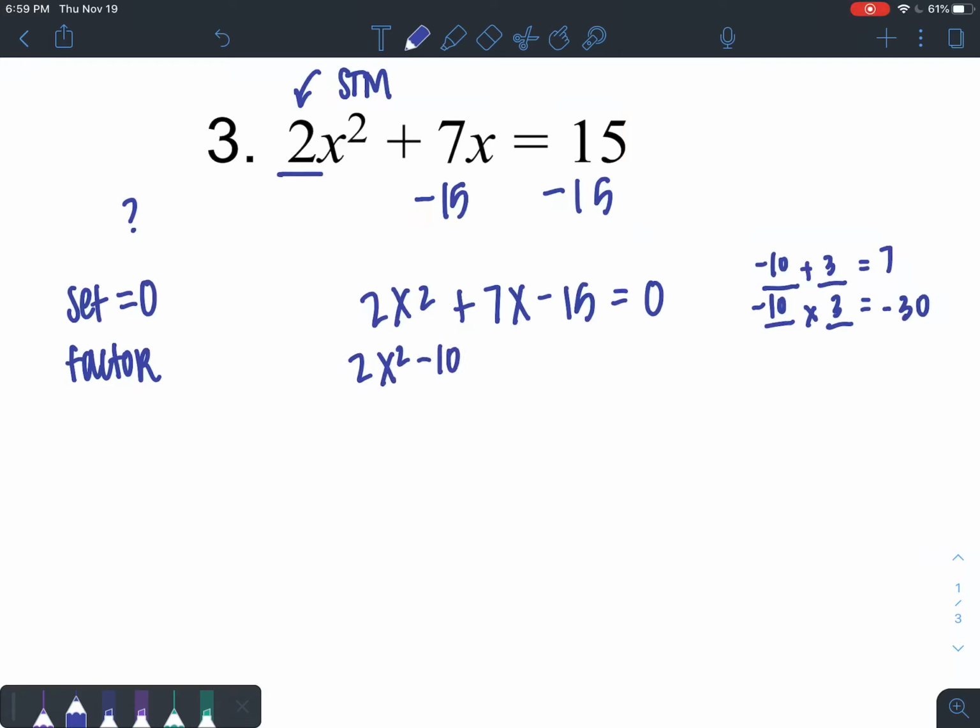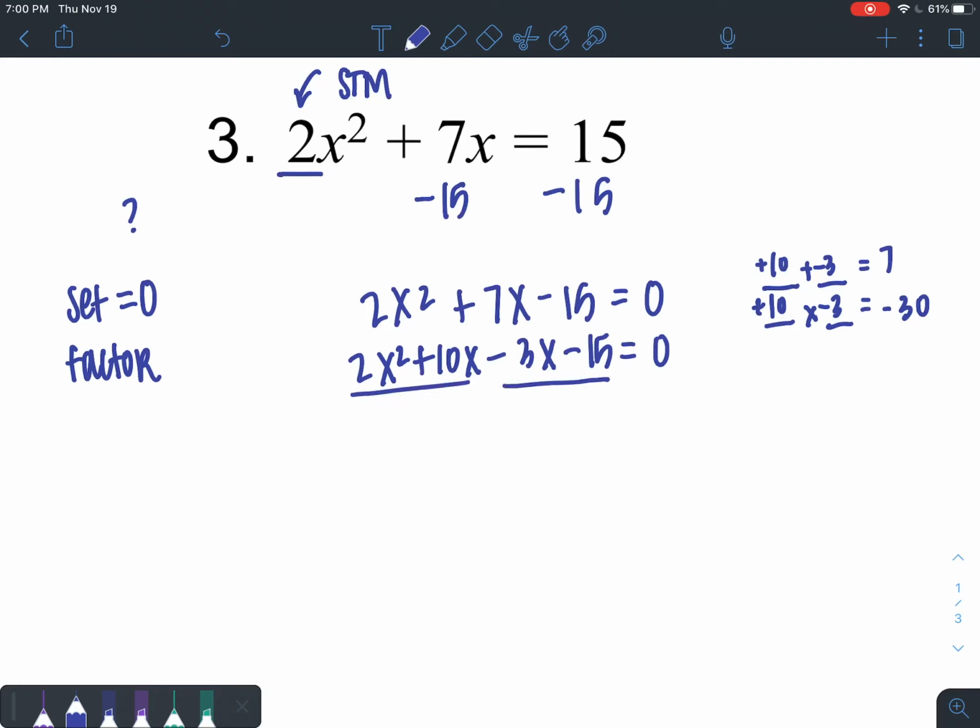So then I have 2x squared minus 10x plus 3x. Oh wait, you know what? It's supposed to be plus 10x minus 3x. There we go. Minus 15 equals 0.